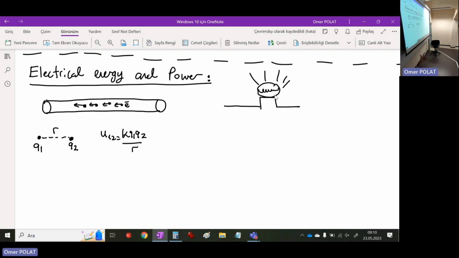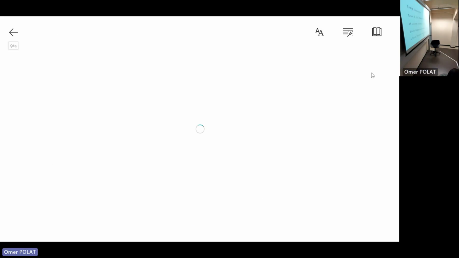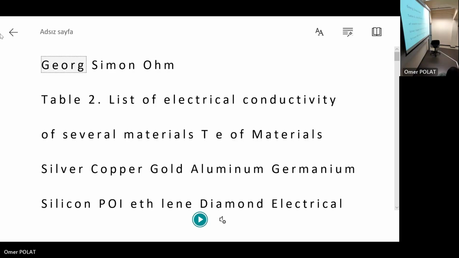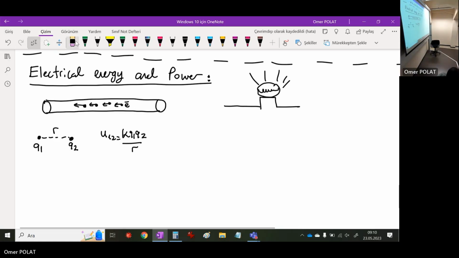So why does the lamp give the light? Where does this energy come from? Electrons are coming to the lamp.